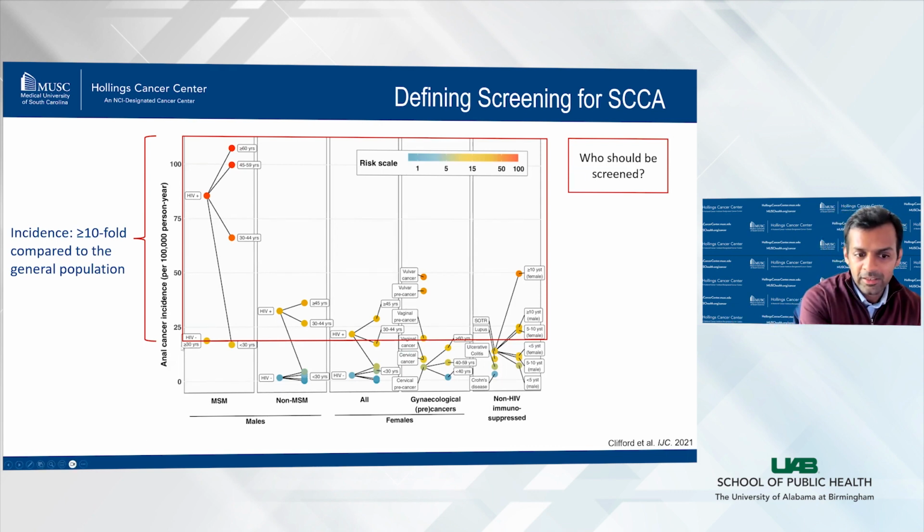One risk group that particularly stands out on this scale, which was the center of substantial debate in our field, was MSM in the absence of HIV. What's the anal cancer incidence in this risk group, which is a very large group in the United States? Can we further age stratify anal cancer incidence in the absence of HIV among MSM?